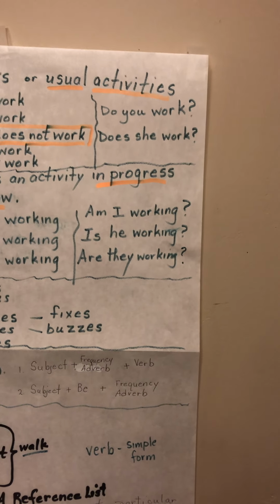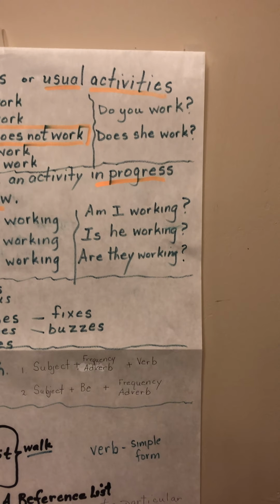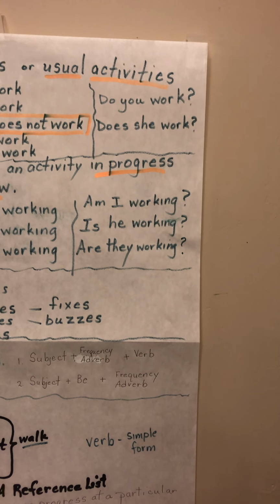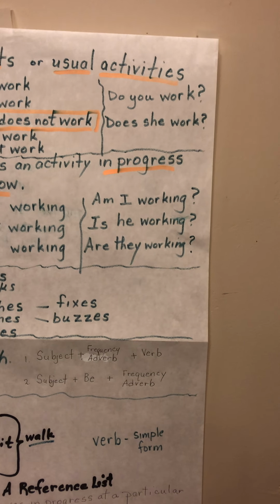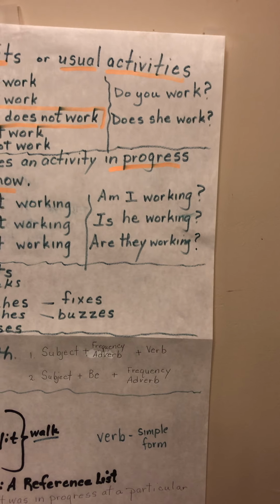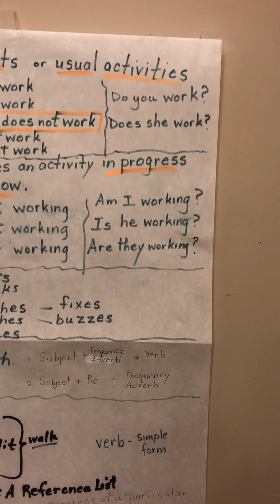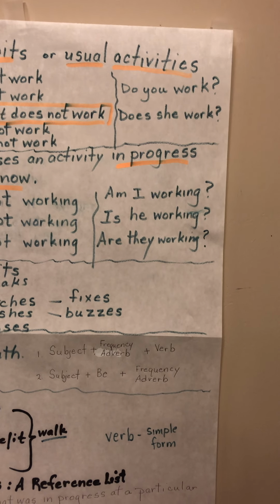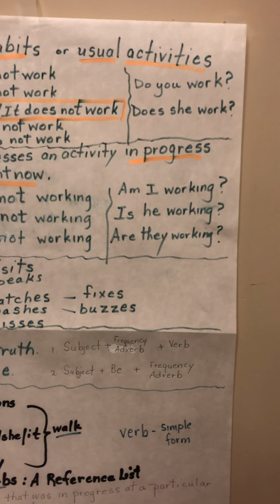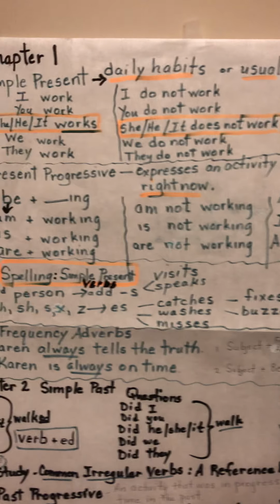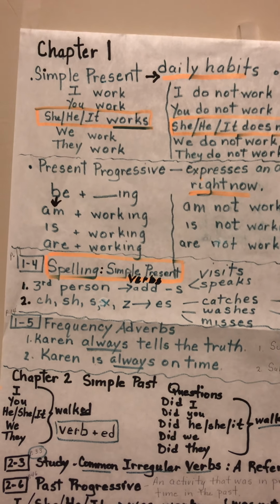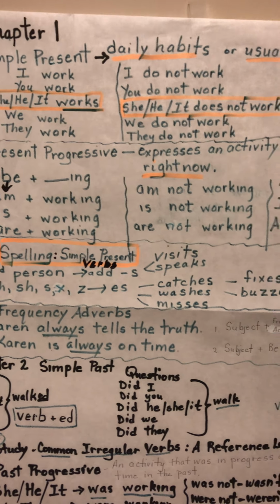When we write questions, again, third person, we start with the auxiliary do or does, but in third person, we use does. Does she work? Does he work? Does it work? So again, in simple present, be careful with third person.